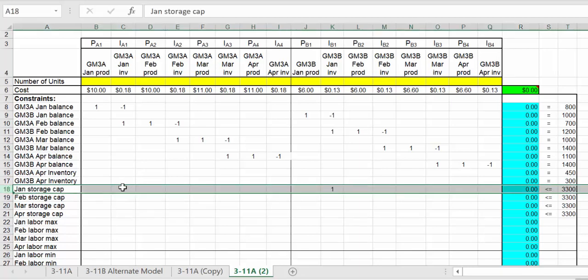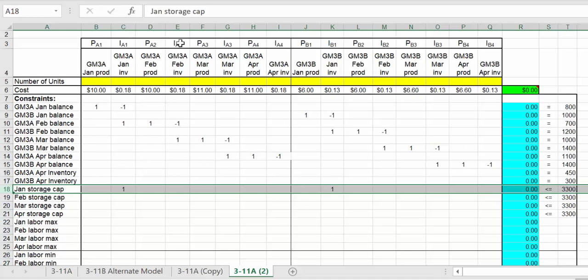What it's saying is how much we have for inventory multiplied by 1 plus how much we have for inventory for the other motor multiplied by 1. So that's going to add up to two numbers, and those two numbers should be less than or equal to 3,300.